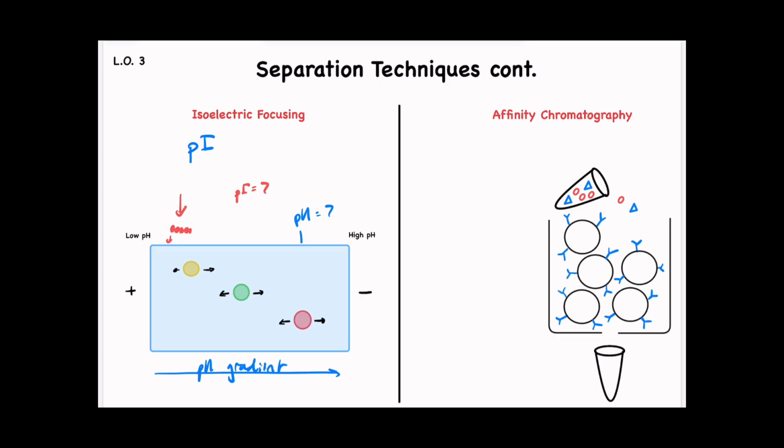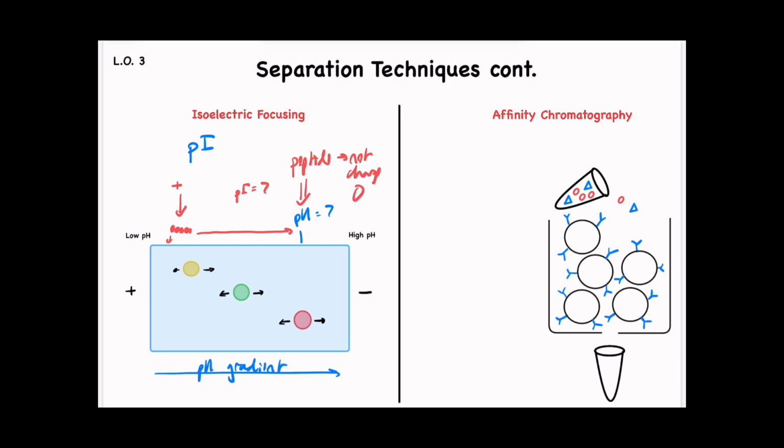And even more, we know that our peptide, in this case, is going to be positively charged. And so because of the electrical gradient, as well as the pH gradient, our peptide is now going to migrate through the gel until it reaches the pH of 7, where at this point, the peptide will be a zwitterion and have a net charge of 0.